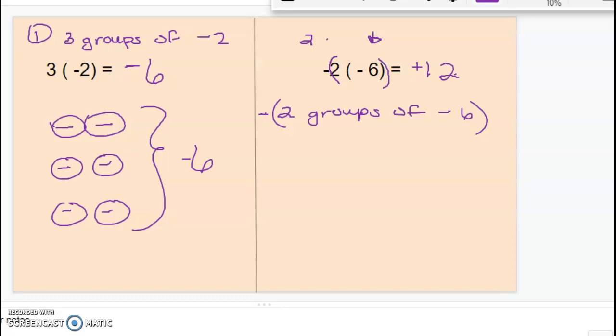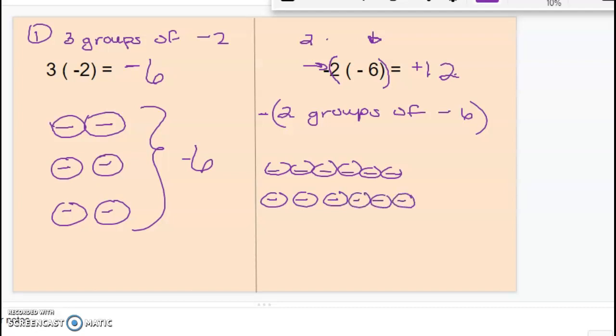So 2 groups of -6, and then this little guy out front is going to tell me to flip. So let's do this first. 2 groups of -6. So 1, 2, 3, 4, 5, 6. Here's -6. Now I need 2 groups. 1, 2, 3, 4, 5, 6. Okay, so here's my 2 groups of -6.